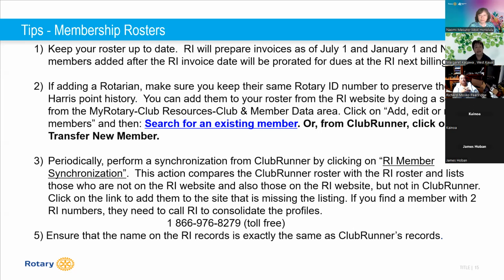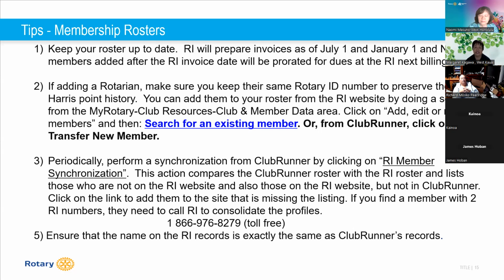Okay, and then periodically perform a synchronization from Club Runner by clicking on RI members synchronization. This compares the Club Runner roster with the Rotary International roster, and shows those who are not on the Rotary International website, and also those on the Rotary International website but not in Club Runner.